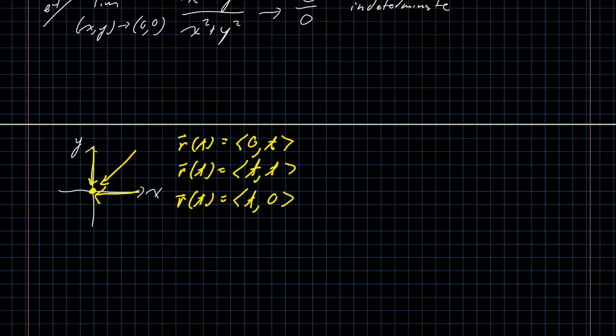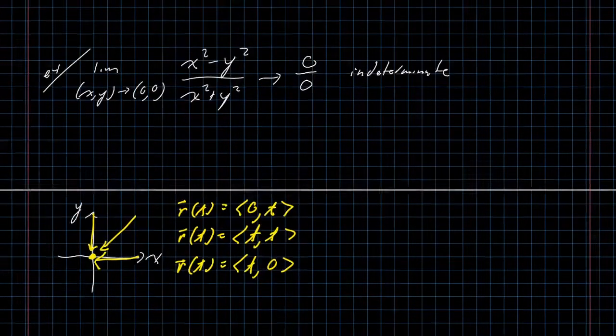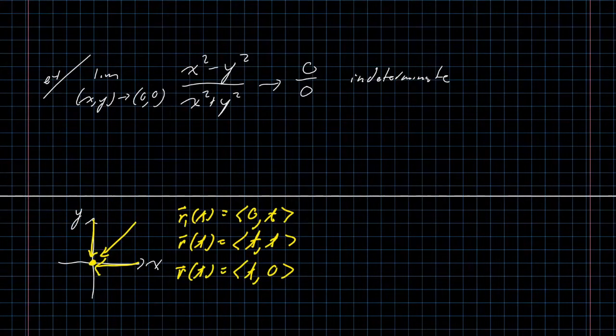All right, so we can look at three separate paths here and try to evaluate the function on each one. All right, let's name those r1, r2, and r3 just so we can start talking about this.